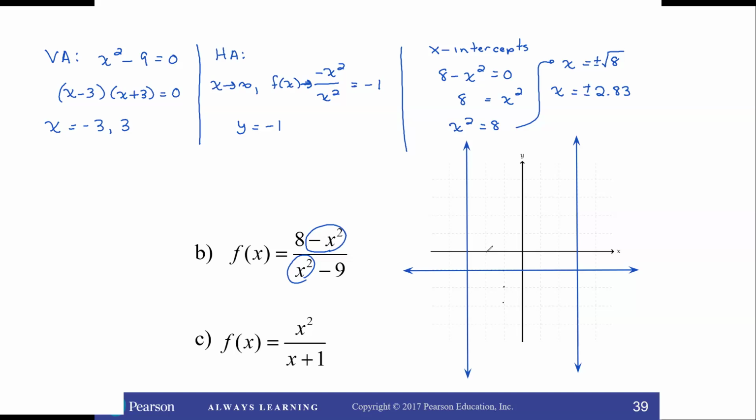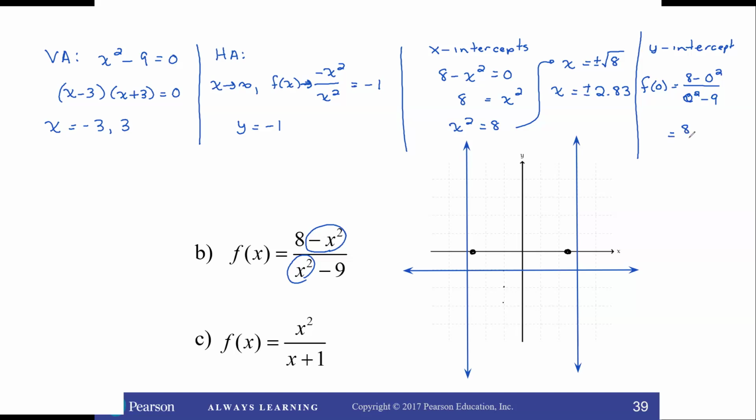One is going to be at 1, 2, almost here, and the other one is almost here. And then we need our y-intercept. That means we need to find f of 0, which is going to be 8 minus 0 squared over 0 squared minus 9.